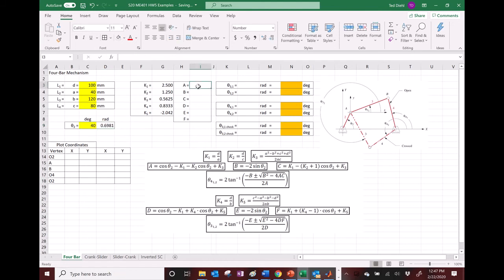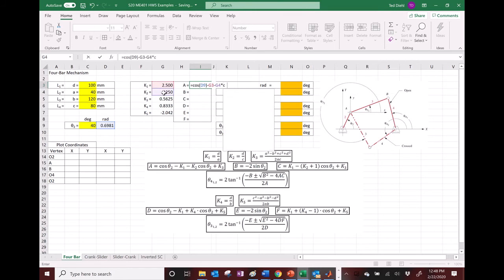And I'll say that A is equal to the cosine of theta 2, minus K1 minus K2 times the cosine of theta 2, plus K3.